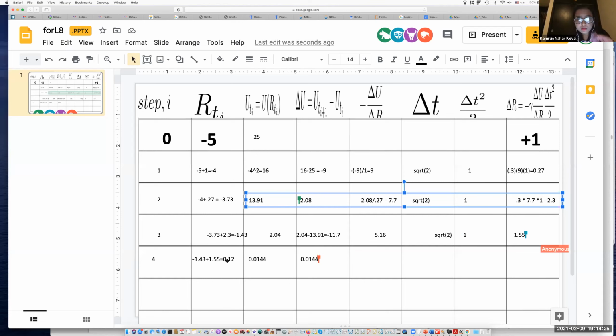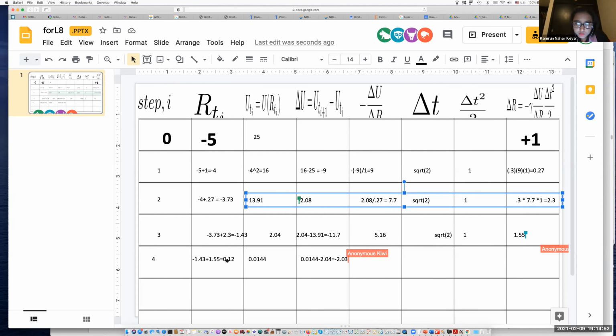0.0144, the previous one, and minus 2.04, right? Therefore, minus 0.04 is zero. Minus 2.04 should be equal to minus 2.03.